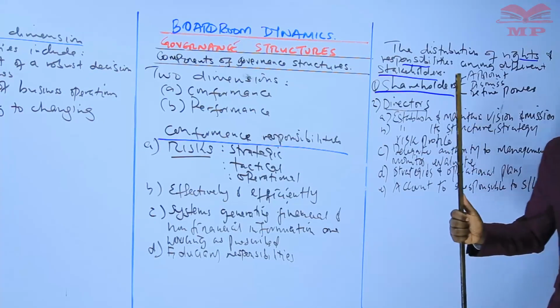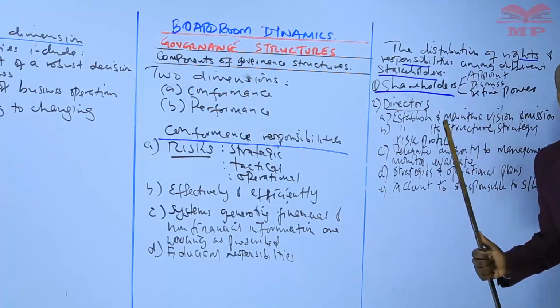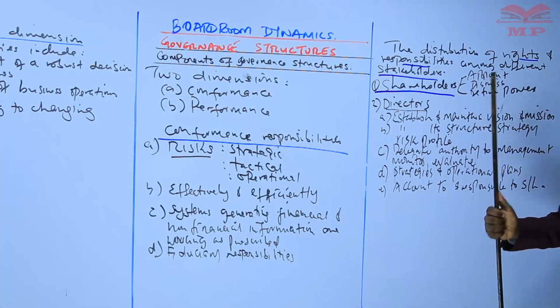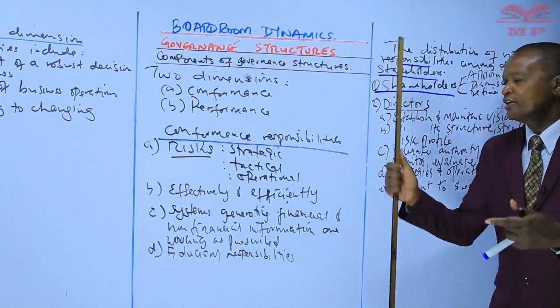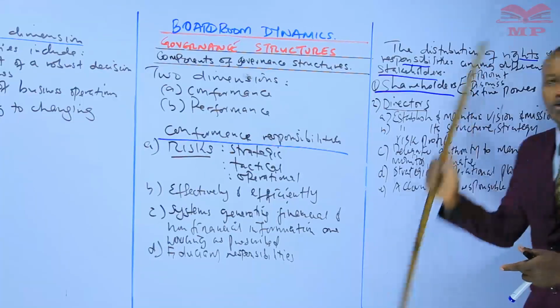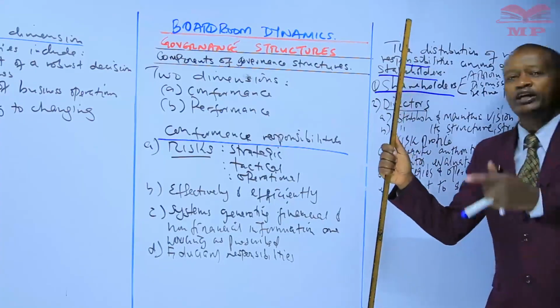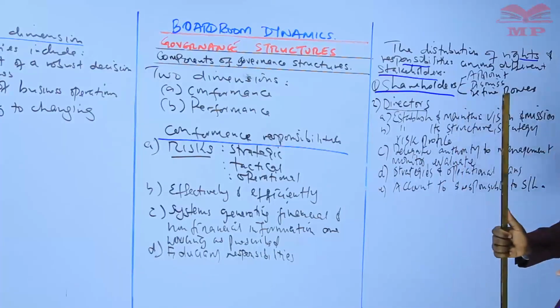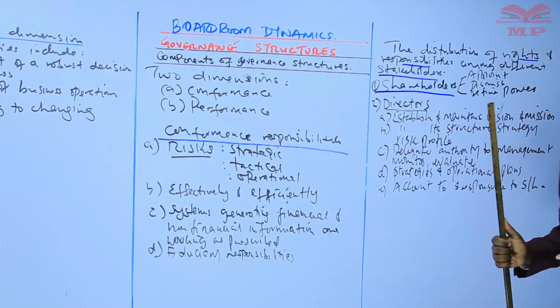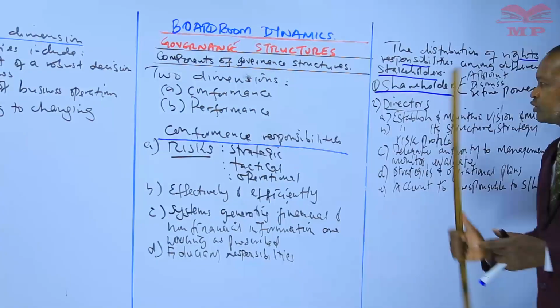So the governance framework, candidates, should also determine if the board should delegate specific board responsibilities to committees. For example, the audit committee, the nomination committee, the remuneration committee, and so on. So when you talk about governance structures, that's what we are referring to.